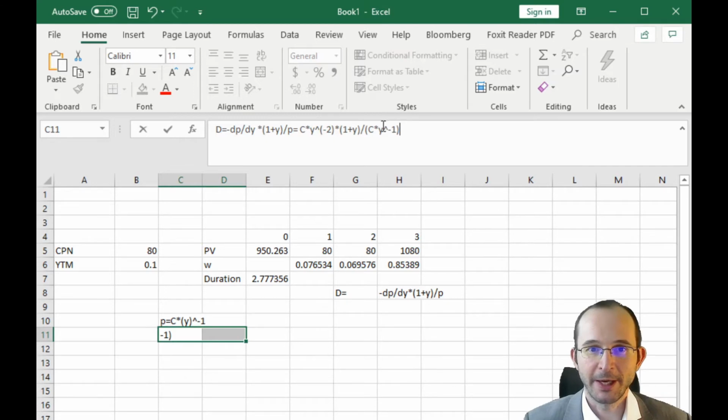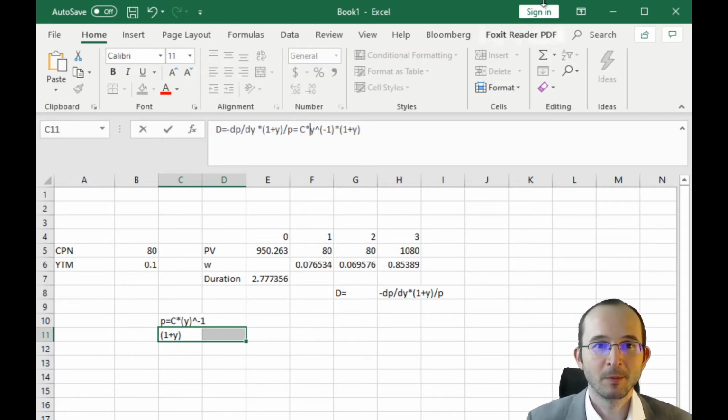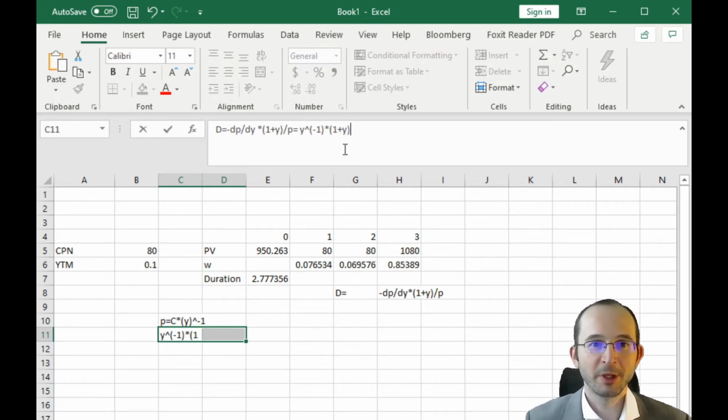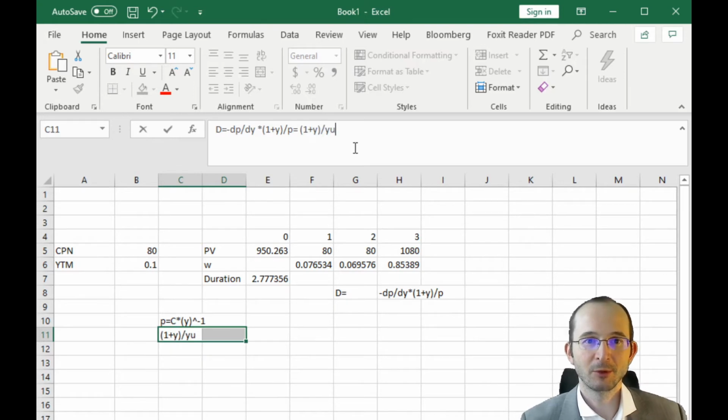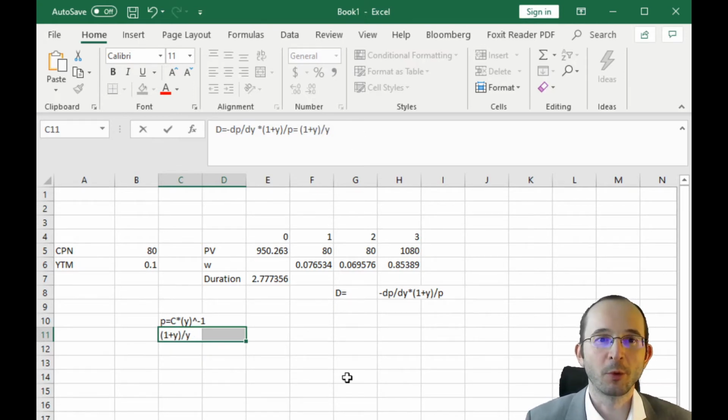In other words, we can actually cancel y to the negative 1 from both sides, getting rid of it here entirely and reducing the exponent, or well, actually I guess adding 1 to the exponent in the numerator. Now we can also cancel the c's from the numerator and the denominator. And then really what we're left with is y to the negative 1 times (1 plus y). And of course we know that y to the negative 1 is really the same thing as 1 over y. So we can say it's just (1 plus y) over y.